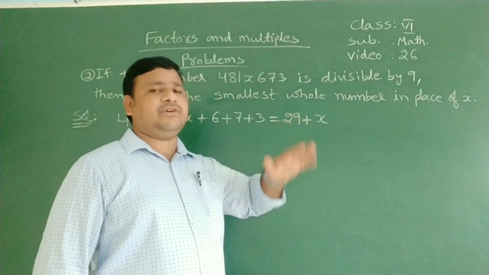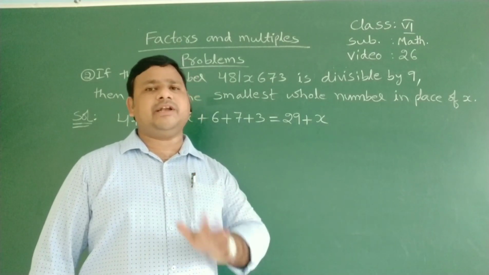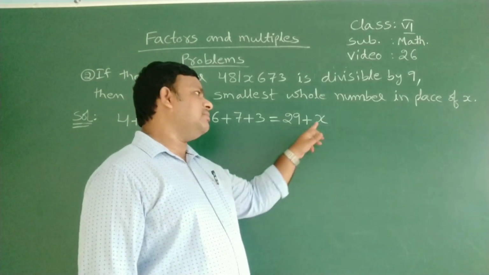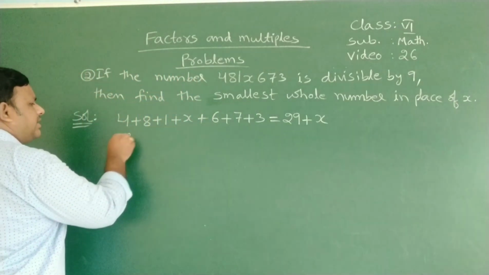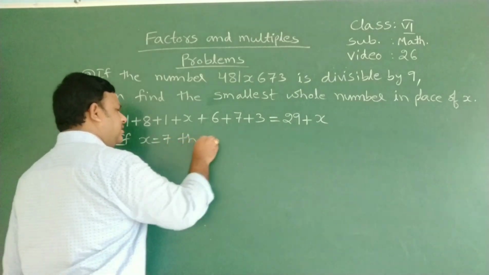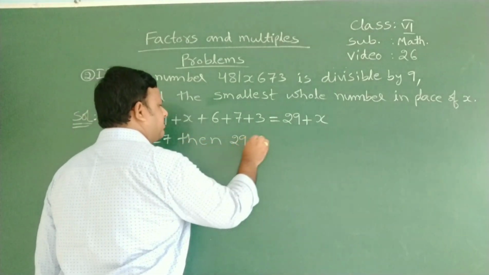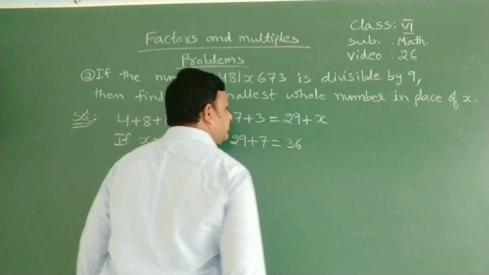So 7 if you give 29 plus 7, 36, it is a multiple of 9. That's why in place of x, what number should be present? 7. So if x is equal to 7, then 29 plus 7 is equal to 36.